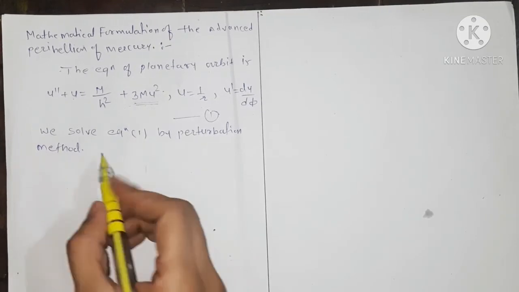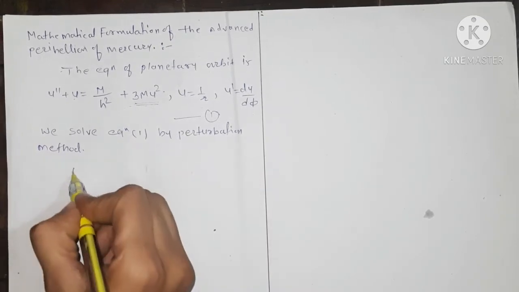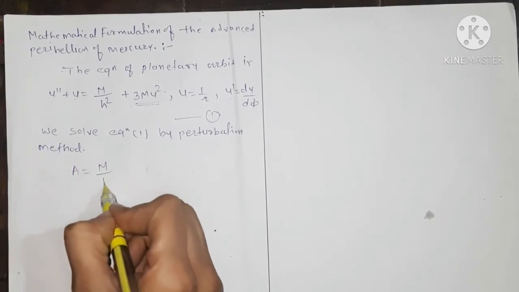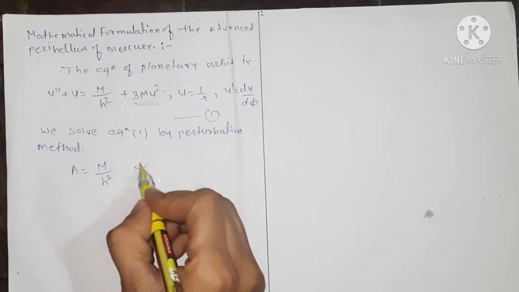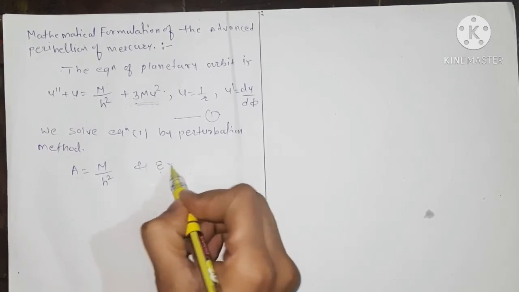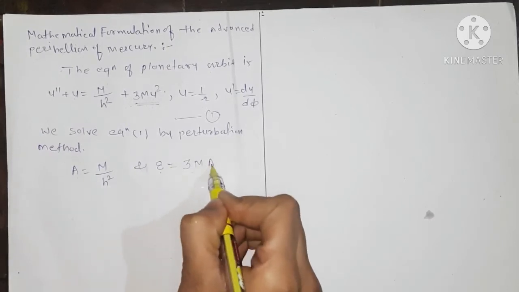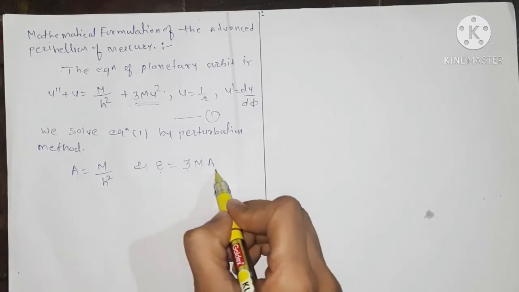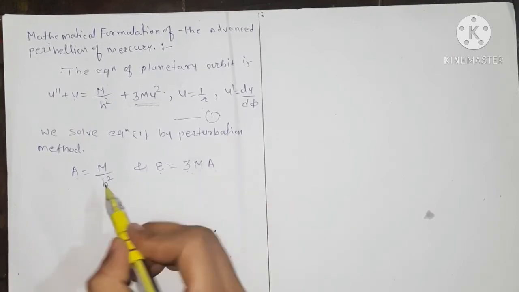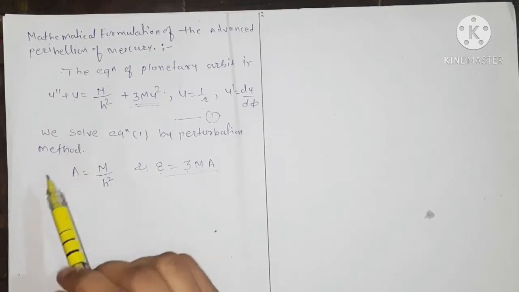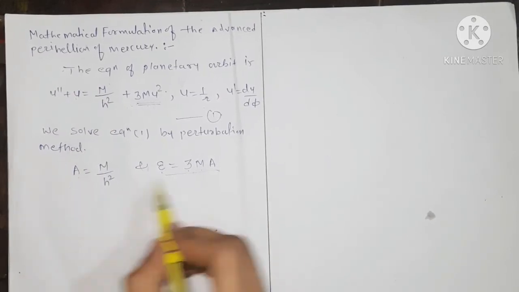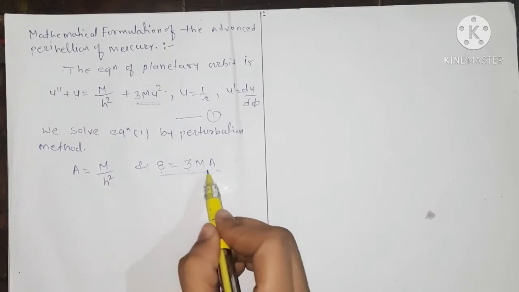So for the small disturbance we take a equals m upon h square, that is, we are taking this quantity as a, and the small disturbance is epsilon, which is 3ma, 3 times m into a. Okay, so this is our small disturbance, where m is mass. Now see, epsilon equals 3 into ma.